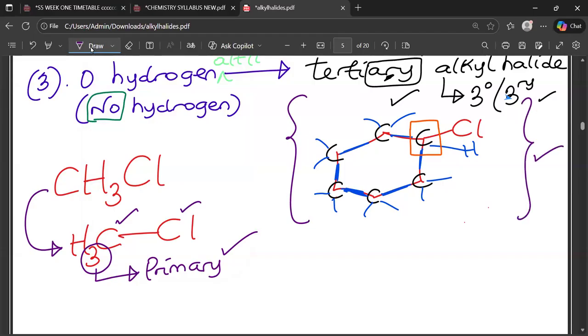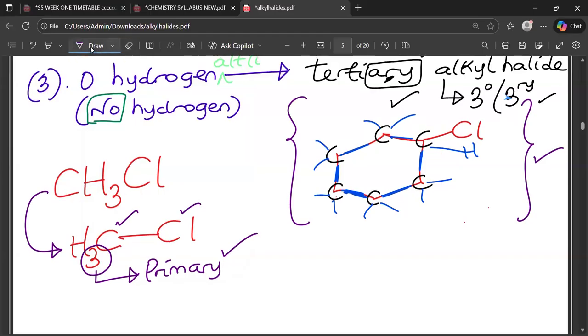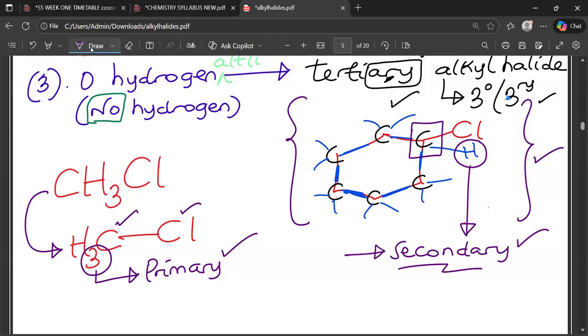The carbon that has the Cl or Br or I is here, and it has only one hydrogen. Because it has only one hydrogen, we call it secondary. So this one is easy, where you just look at how many hydrogens the carbon having the functional group has. And that is all. So are we good to go?